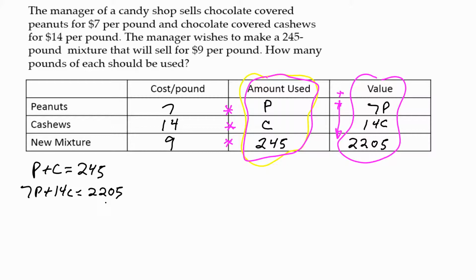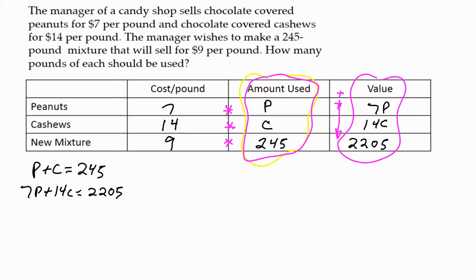So the equation P plus C equals 245 came from the amount used, and the 7p plus 14c equals 2205 came from the value.